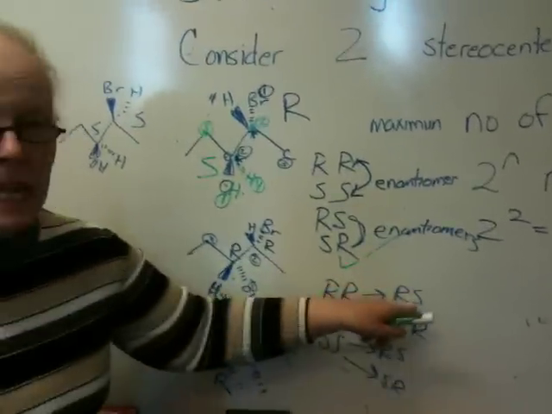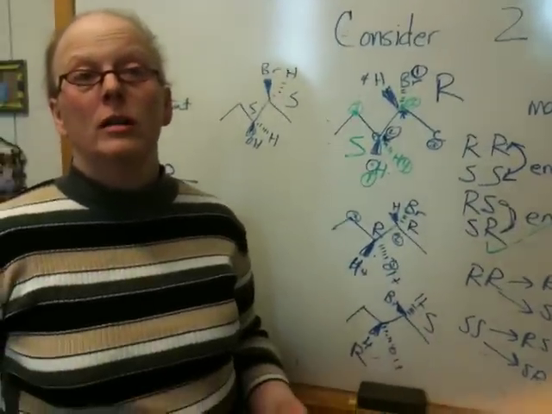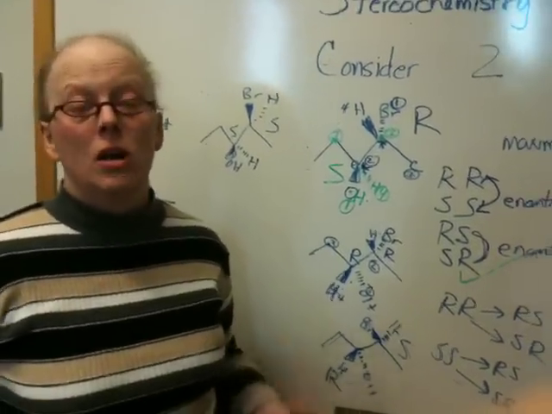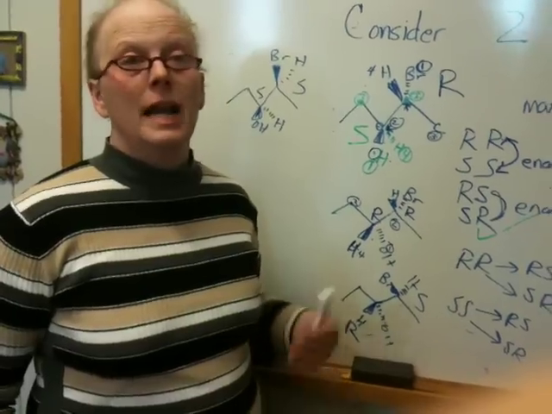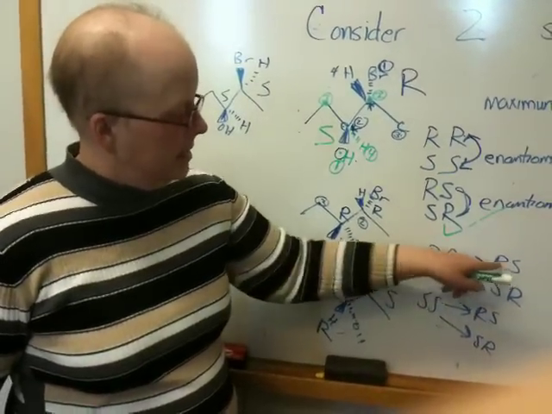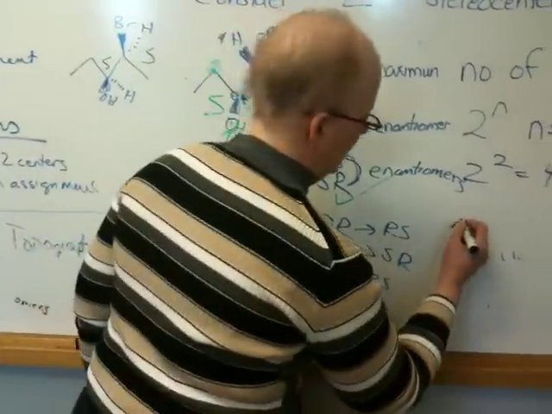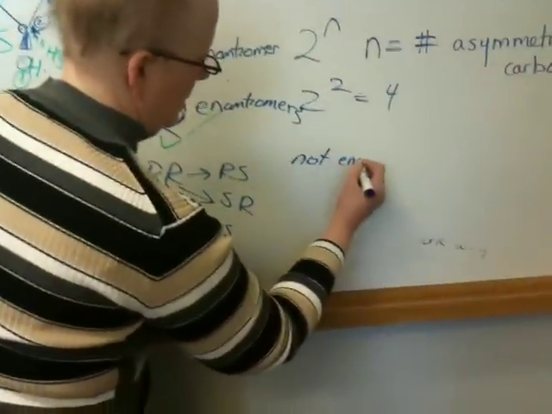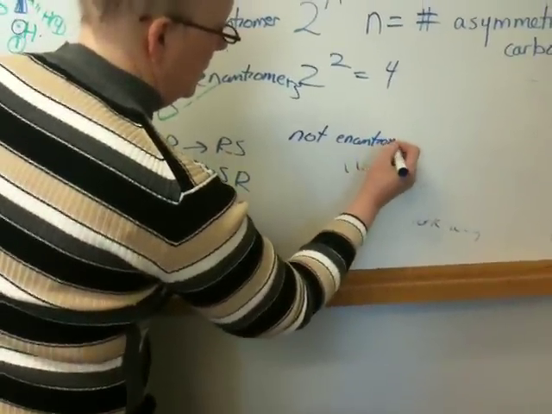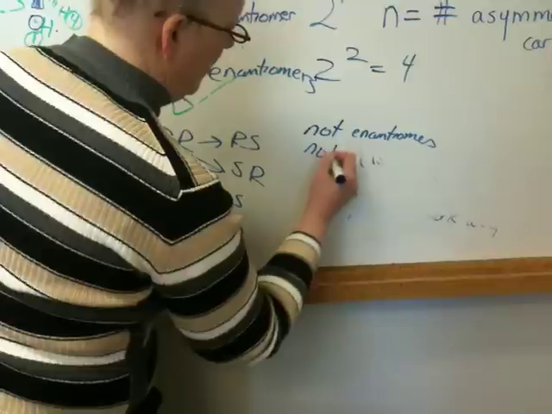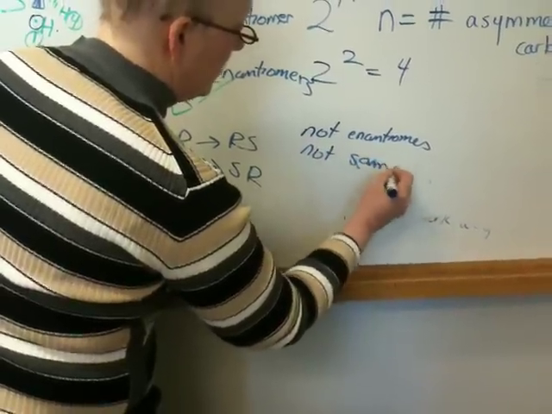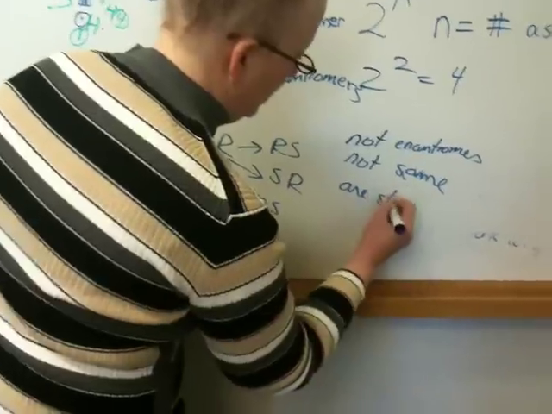These are not the same because what is the same as RR? What is the same as RR is RR. What is the same as SR? SR. What about these guys? They're not enantiomers, okay? Not enantiomers. They're not the same. But they are stereoisomers.